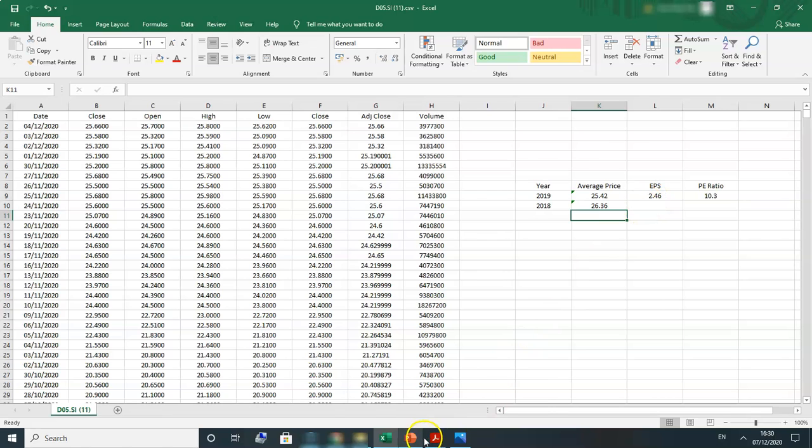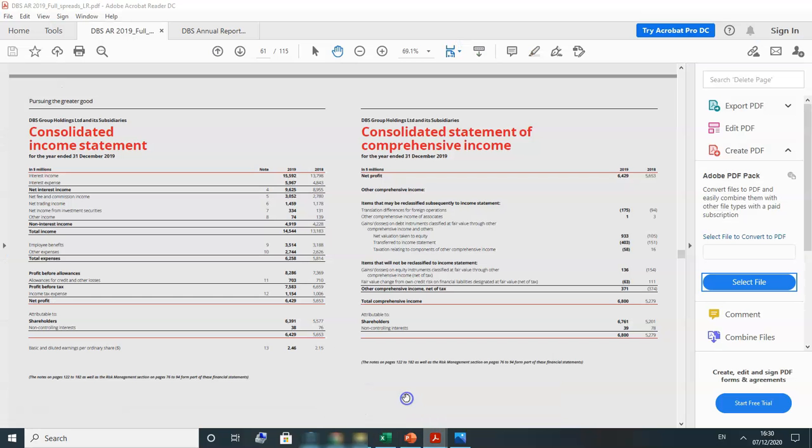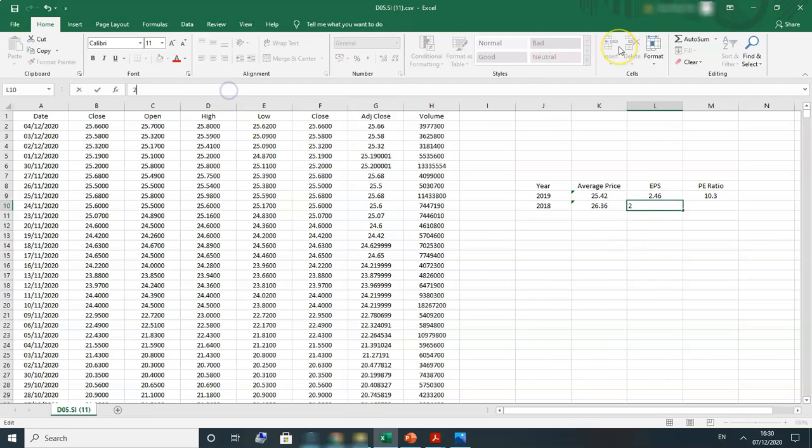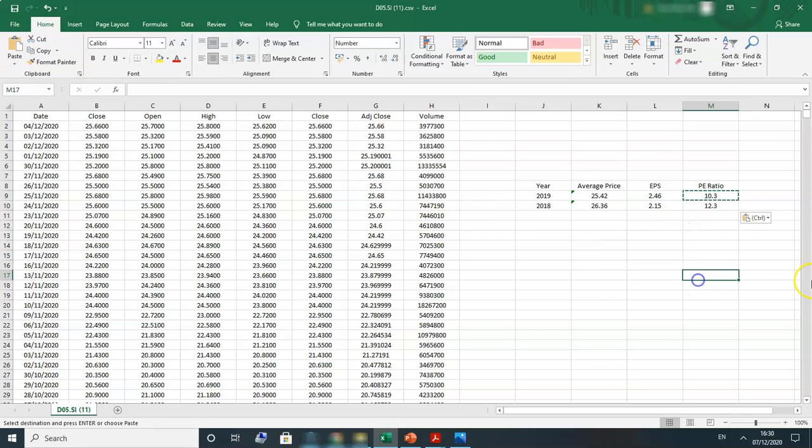And the earnings per share, again, we get from the annual report. In this case, it is 2.15. And we just need to copy over the formula, so we can find out the average price as well as the PE ratio for all the other years.